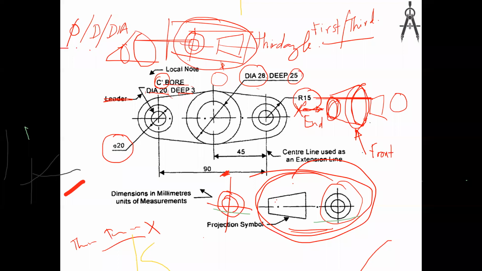These words are used for diameter. And R, R-A-D, rad. Okay, R or RAD is used for radius.